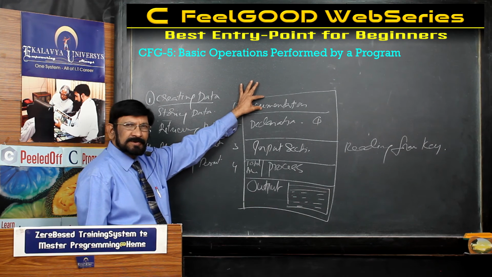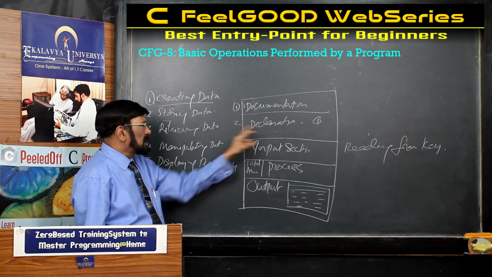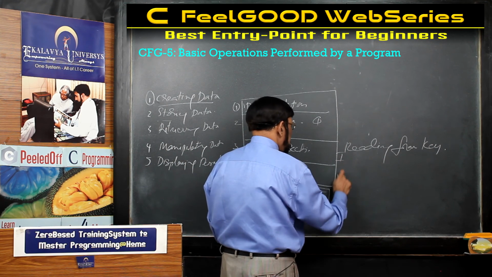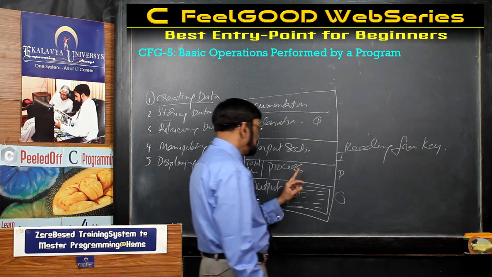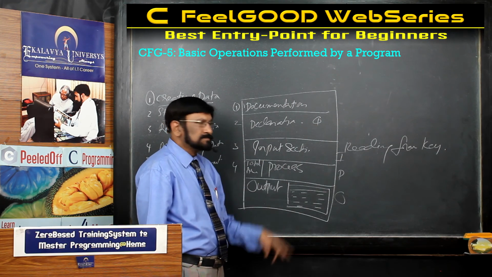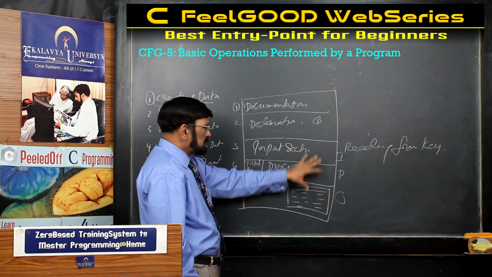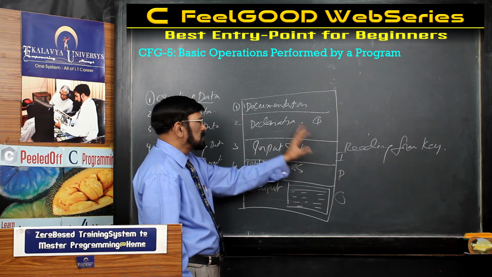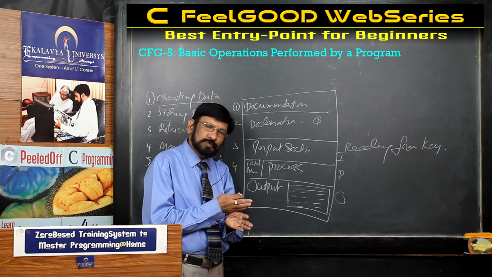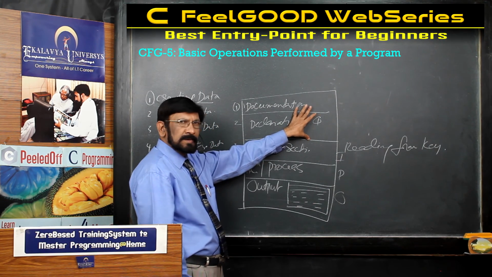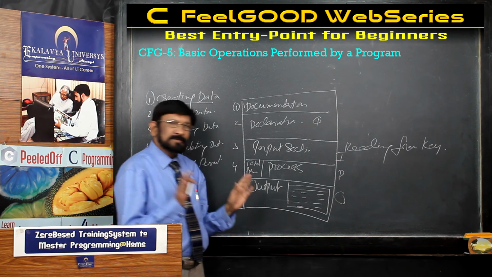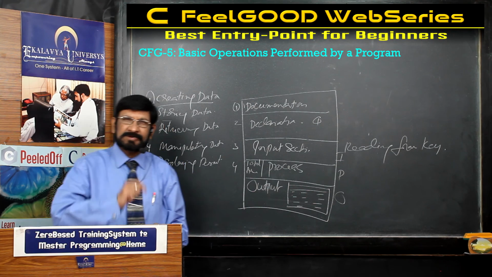Second one is the declaration section. Thereafter IPO: input section, process section and output section. These are the very core sections. But before that, in order for them to perform their duty, the declaration is required. All data items to be used, their names and their types, must be declared here.